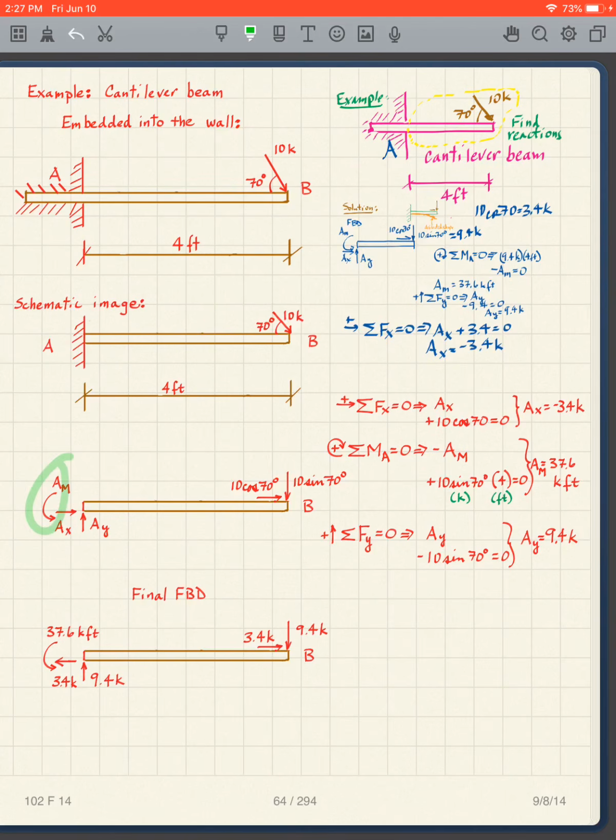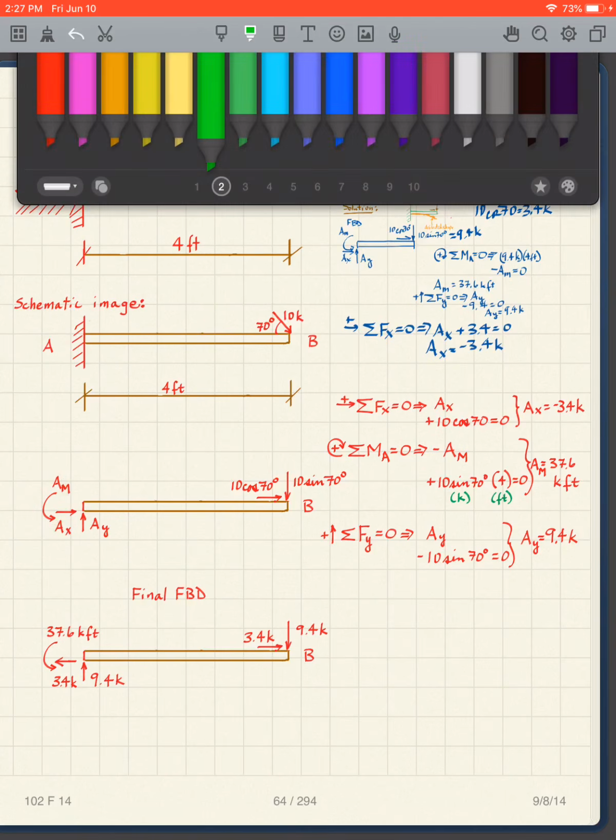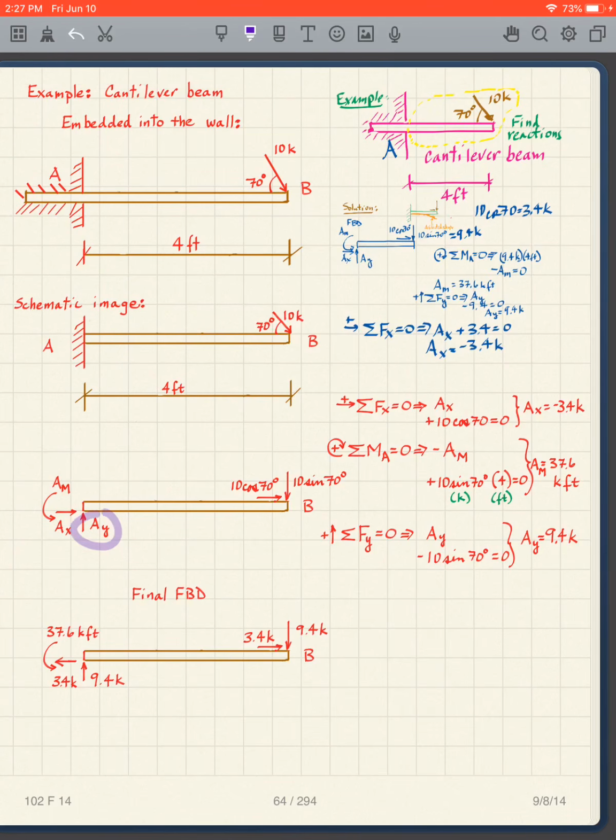So I'm going to have both an X and a Y and a concentrated moment here because it resists bending. It resists an upward force, a horizontal force, and bending. So I put these three. That is the key to solving this problem correctly.